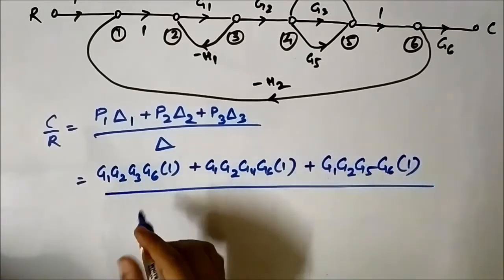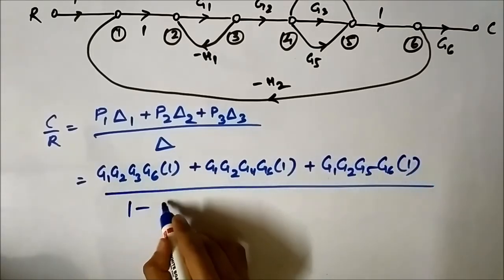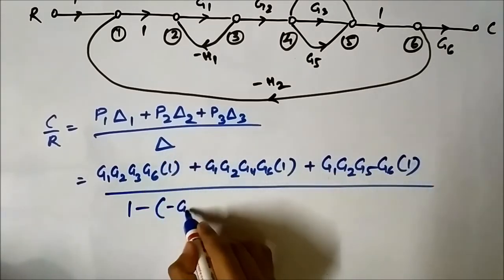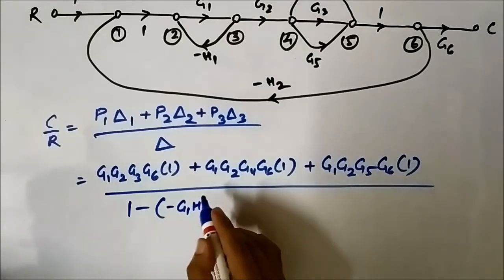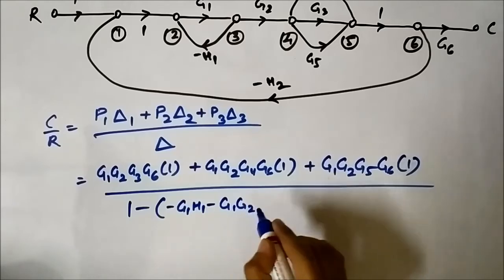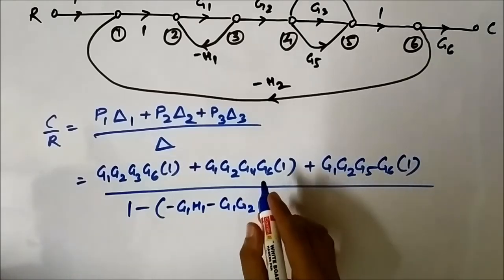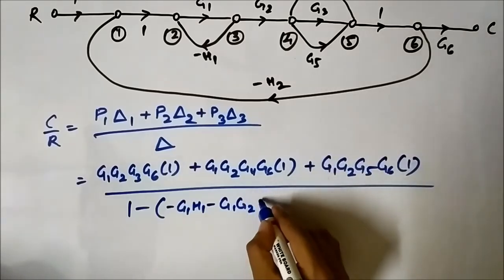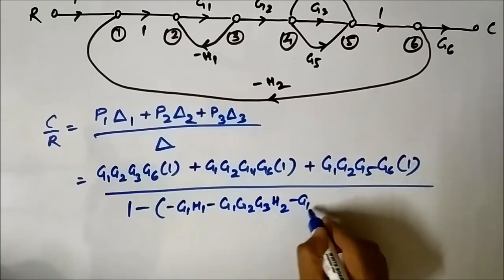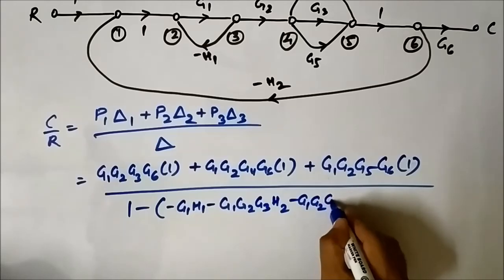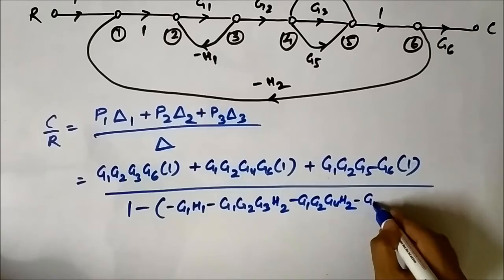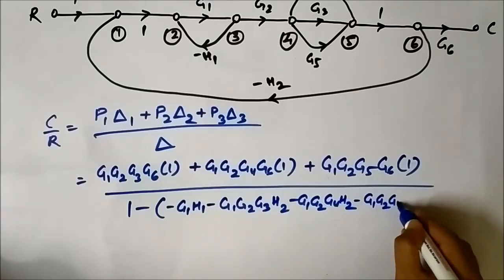Then this is divided by 1 minus the sum of the individual loop gains, the graph determinant which we calculated, which is 1 minus G1 H1 minus G1 G2 G3 H2 minus G1 G2 G4 H2 minus G1 G2 G5 H2.